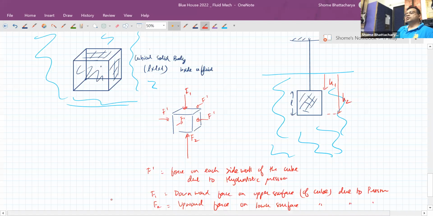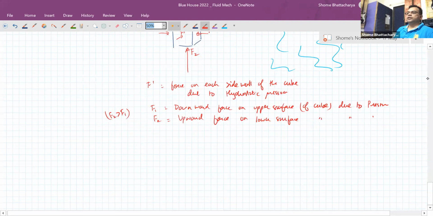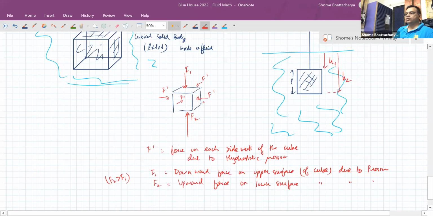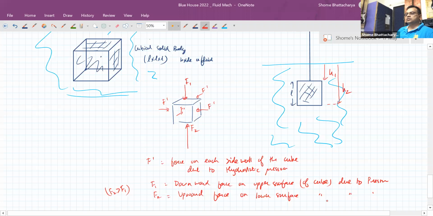F2 is greater than F1 because pressure increases with depth. So the net force that the liquid applies because of pressure on each of the 6 sides of the cube will be in which direction? It will be vertically upward because the horizontal ones all cancel in pairs. That net force is what we call buoyancy.